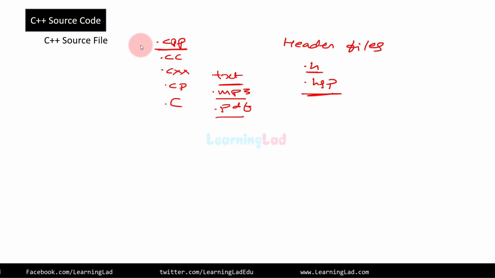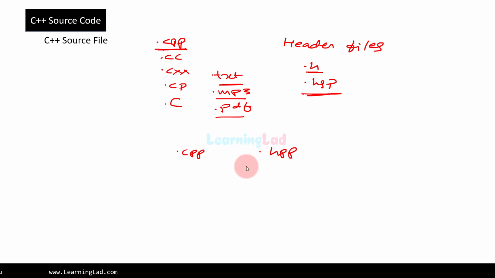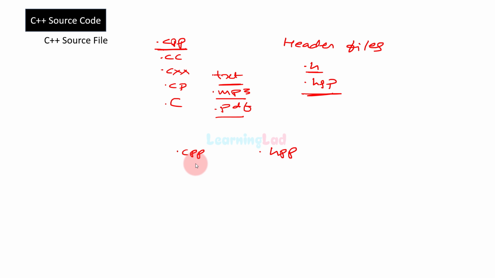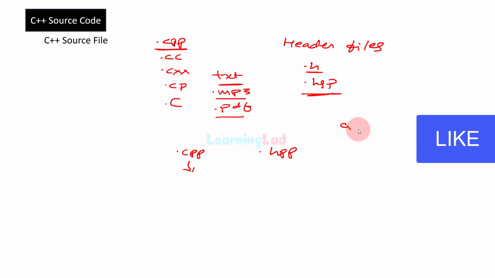Now, what is the difference between the files with the .cpp extension and the .hpp extension? The files with the .hpp extension, or the header files, will contain the declaration of features, and the files with the .cpp extension will actually contain the implementation. For example, let's say we are writing a program and we have created a feature to add two numbers, and let's call it add.